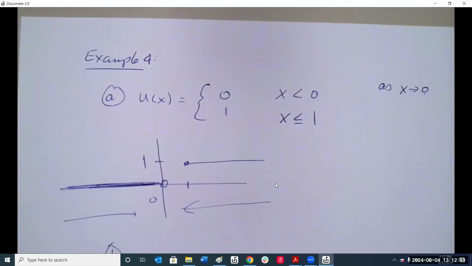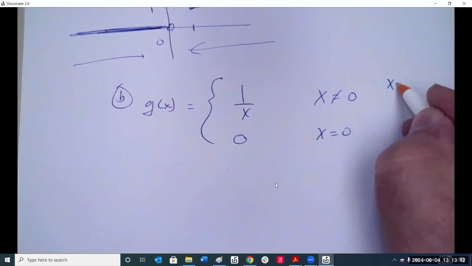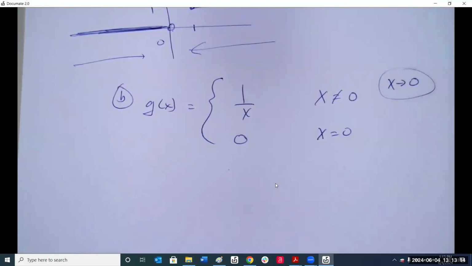B, g of x, 1/x and 0. What happens there? Remember, we're looking at as x goes to 0. It doesn't have to exist at that point. For a limit to exist, it doesn't have to actually exist physically at that point.